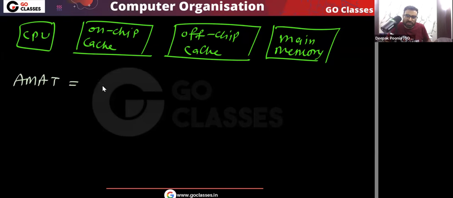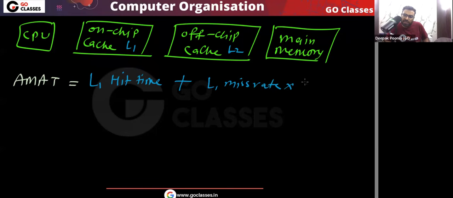So average memory access time will be equal to the hit time of on-chip cache plus miss rate of on-chip cache multiplied by miss penalty of on-chip cache. Let's call it L1, and let's call the other L2. So this formula is L1 hit time, or L1 access time, plus L1 miss rate multiplied by L1 miss penalty.